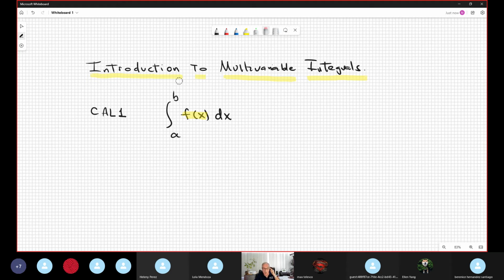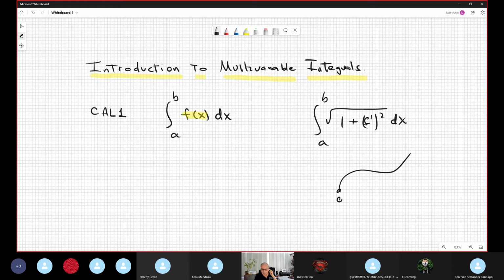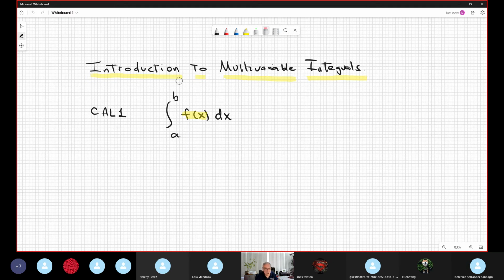Or, for example, the integral of the square root of 1 plus the derivative squared, dx between a and b, is the arc length of the curve between point A and point B. So now, what is the correct answer? What is the interpretation of the integral? Well, the interpretation to understand when I increase the dimension in Calc 3 is the Riemann sum.